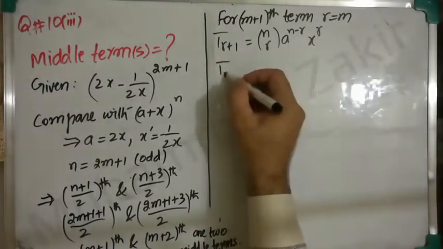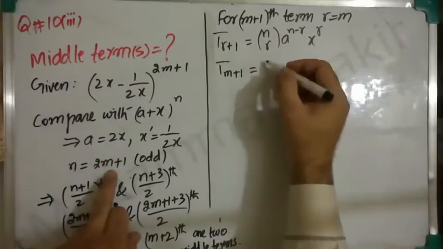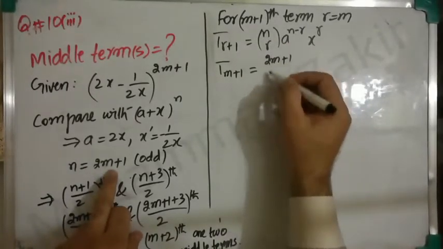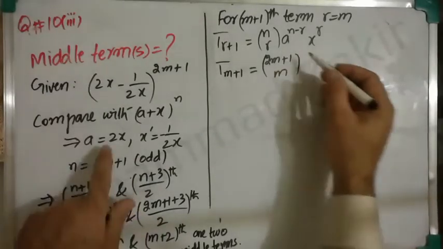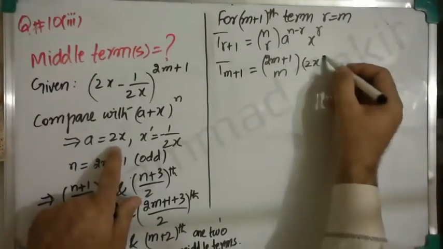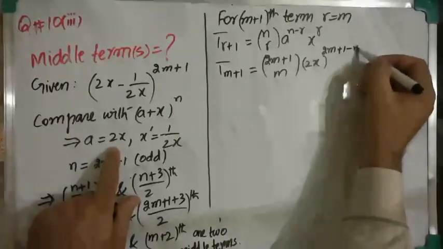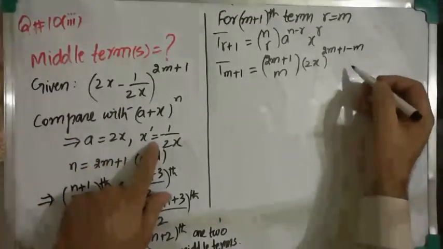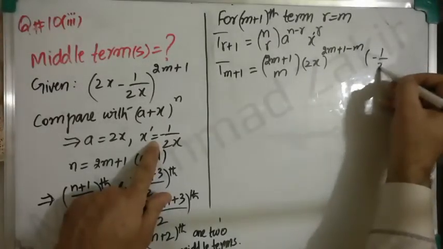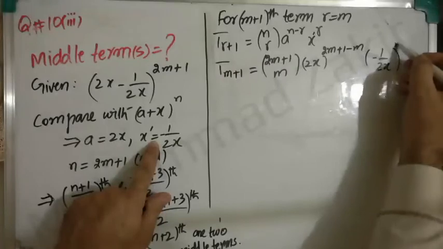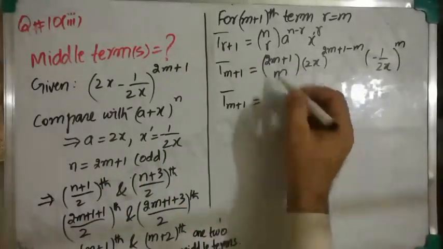R is m, so this will be T(m+1). N is 2m plus 1, r is m, a is 2x, power n minus r, x is minus 1 by 2x, and x power r is m.